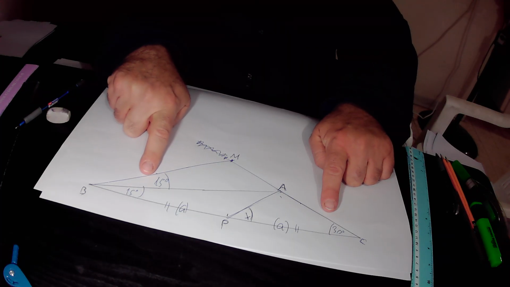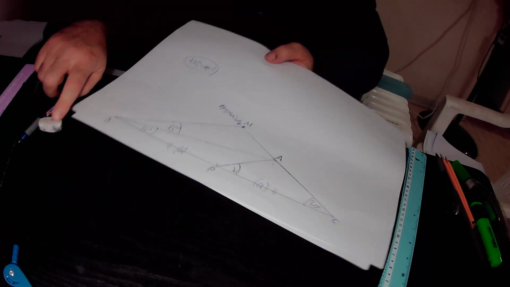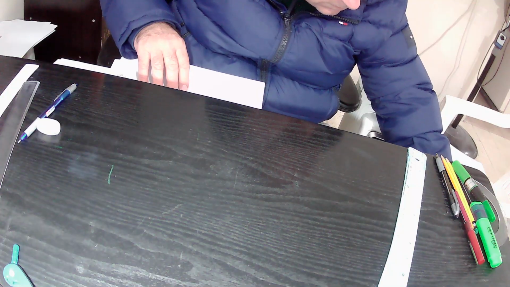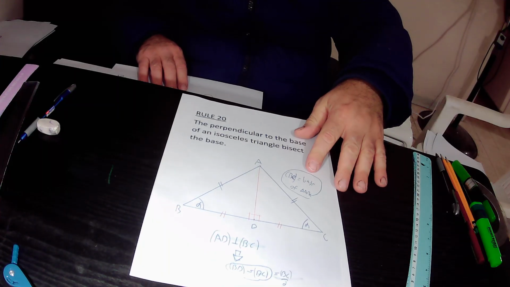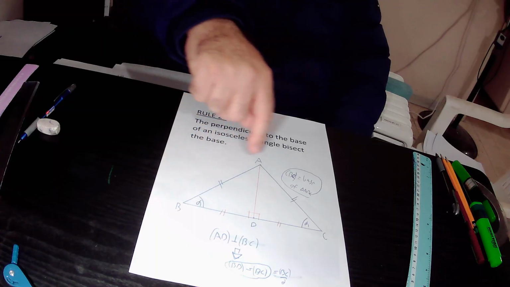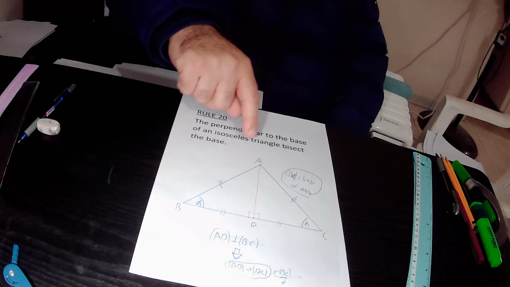So here you can implement rule 20 in this associated triangle BMC. So repeat quickly on rule 20. According to rule 20, the perpendicular to the base of an associated triangle bisects the base. In the drawing, we have triangle ABC. Triangle ABC is an associated triangle because AB equals AC.